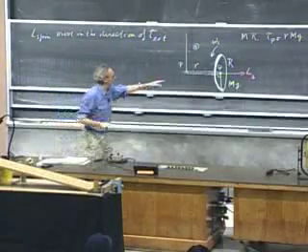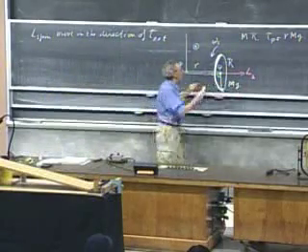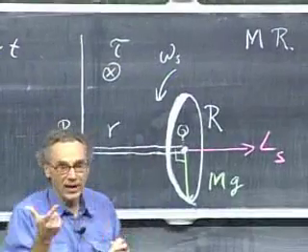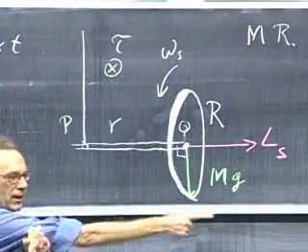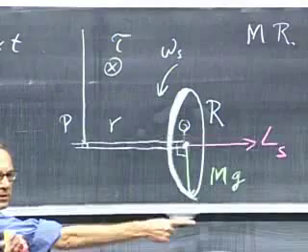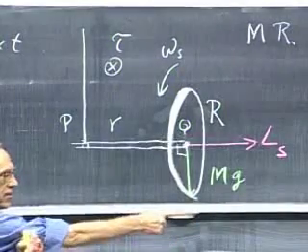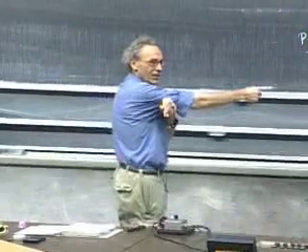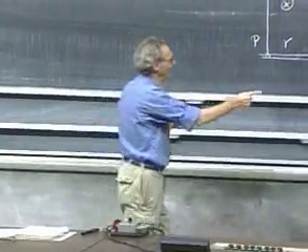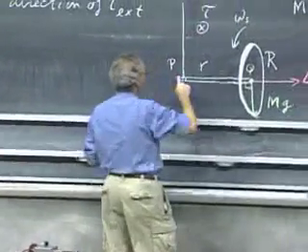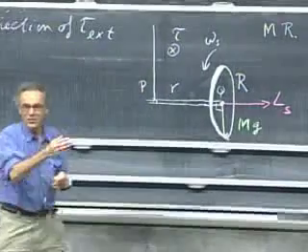What will the spin angular momentum do? It's going to move in the direction of the torque. It's going to chase the torque. So what will it do if the angular momentum is here? It will do this. And as it moves, the torque will always be perpendicular to the plane, to the string, and R. You can just see that for yourself.